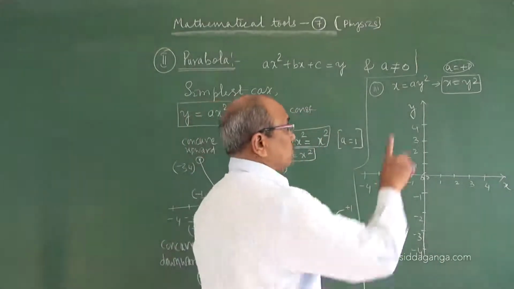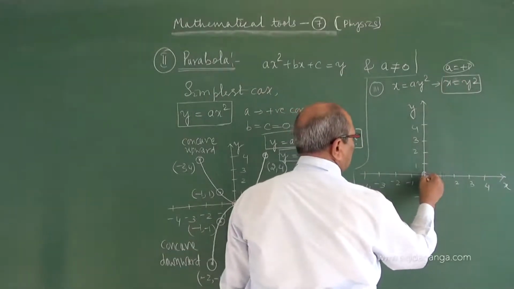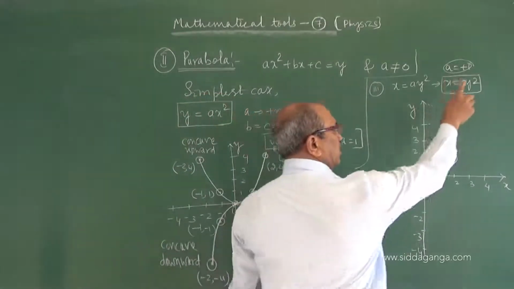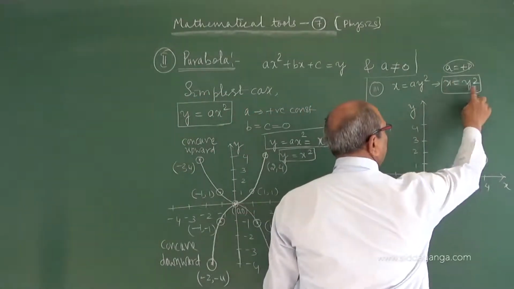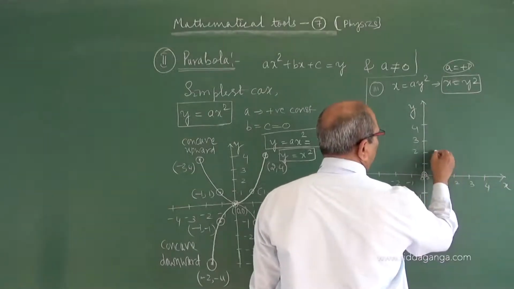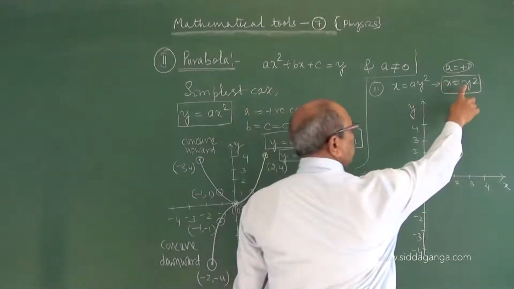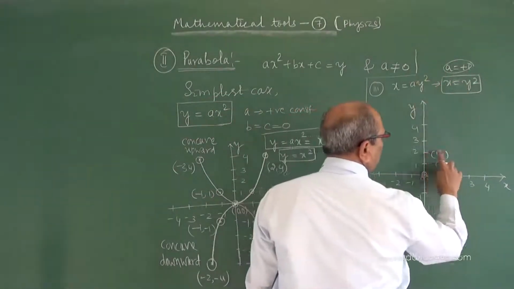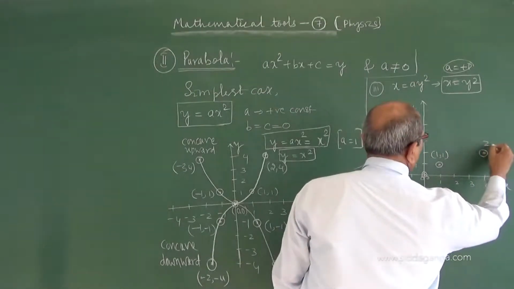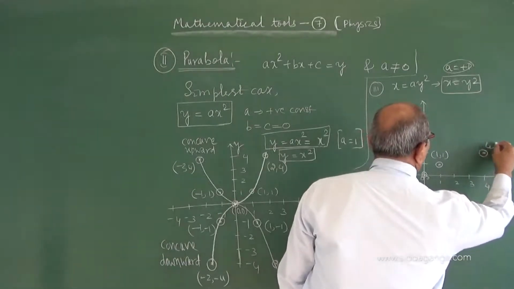Now take the values. If you put 0, x is also 0. One point is available at the origin, the intersection point of the two axes. Let us take 1, then it becomes 1. Both are 1 and 1. So we have a point here, 1 comma 1. You take y equal to 2, x becomes 4, so the point is 4 comma 2.